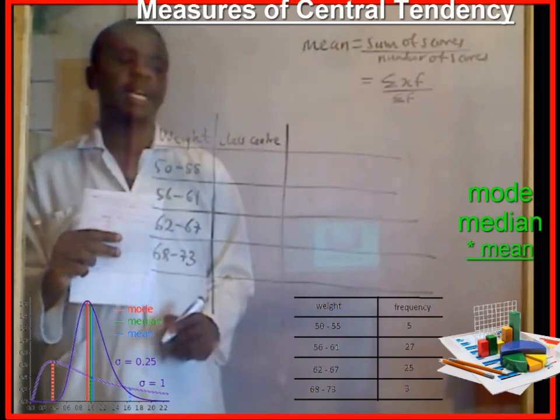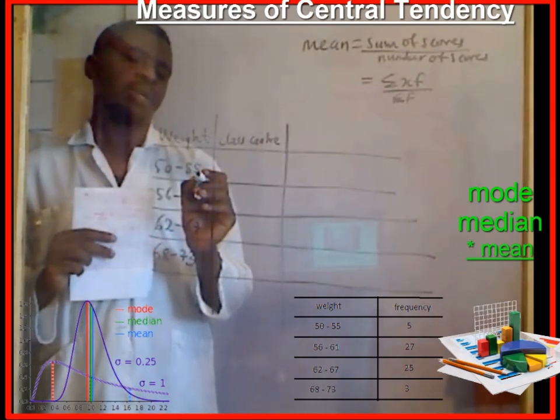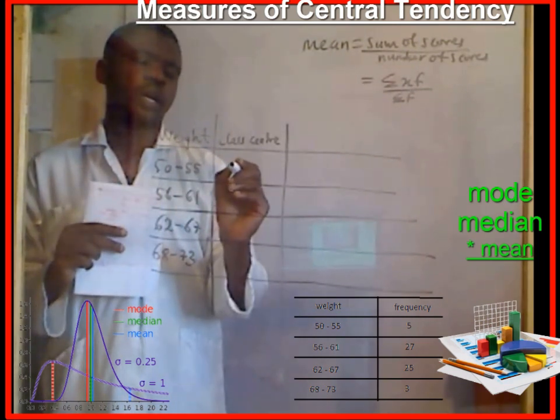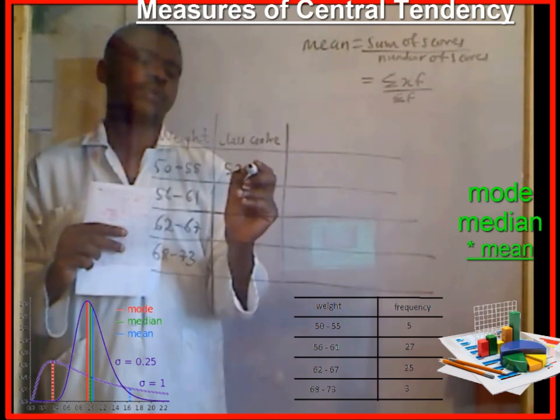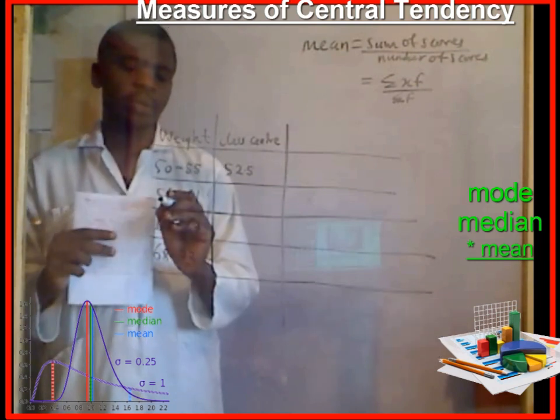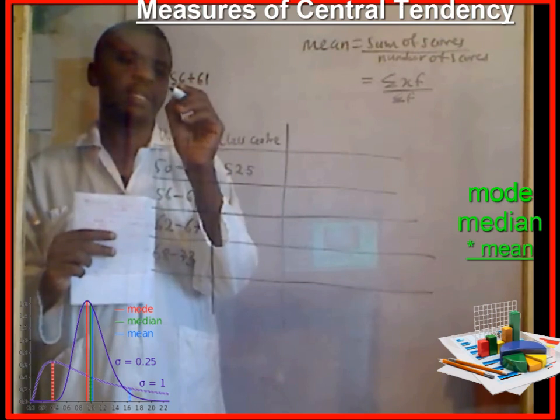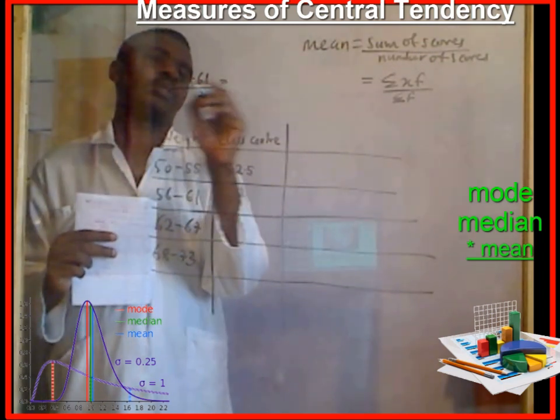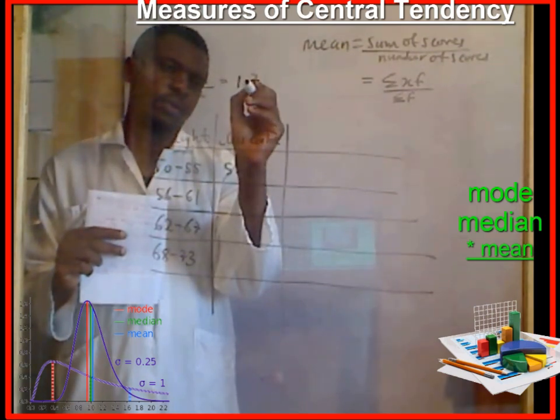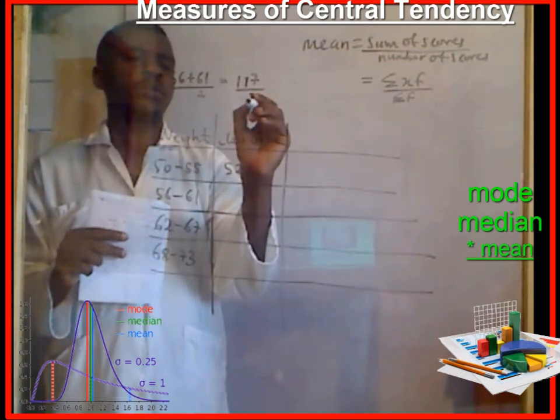So how do I get a class center? I will add the lower value plus the upper value and divide by 2. So if I do this here, I'll have 52.5. So 56 plus 61 divided by 2. So what is that? This is 117 divided by 2.